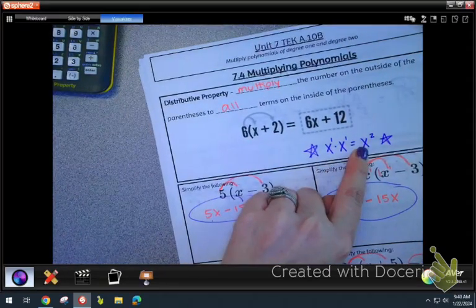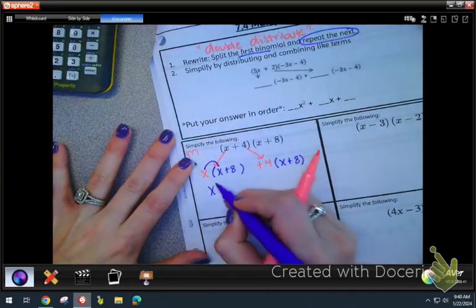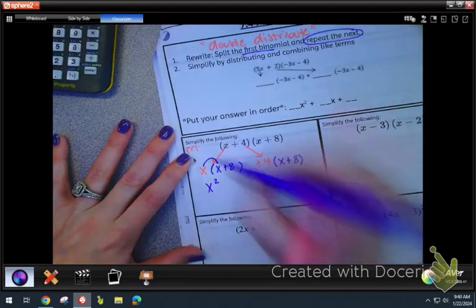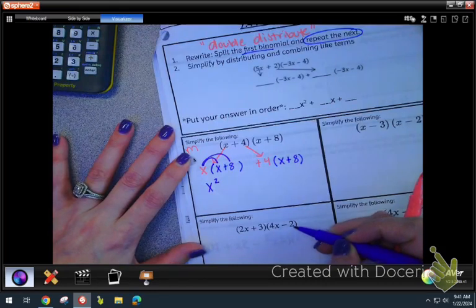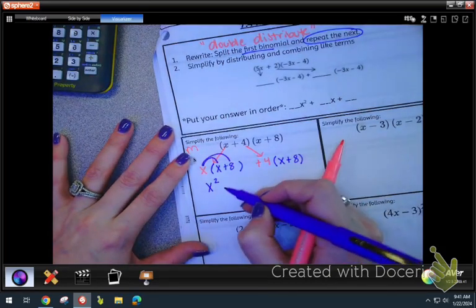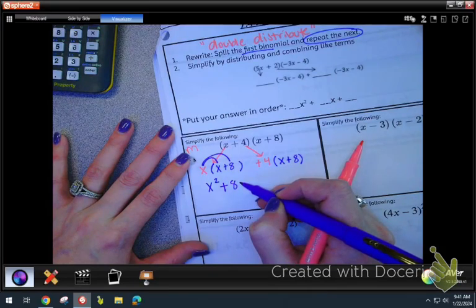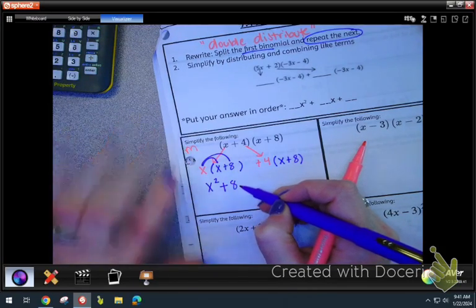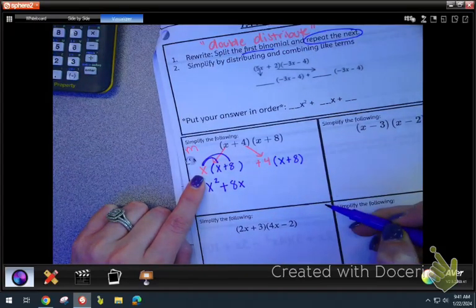X times x is x squared. That is so important. So this is going to become x squared. Got to distribute x to positive 8. Emma, what's x times 8? Should be 8x. We okay?